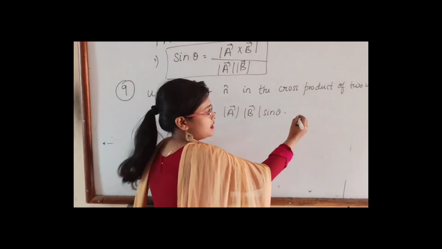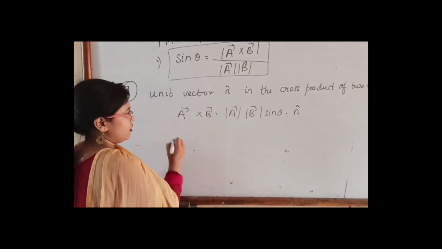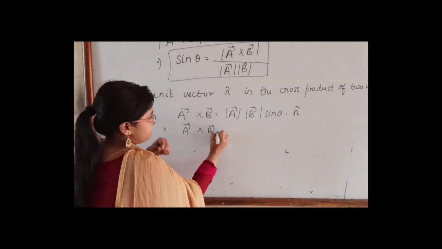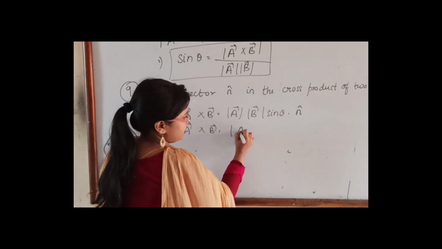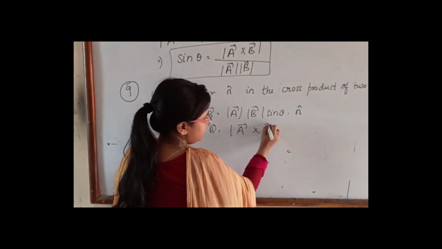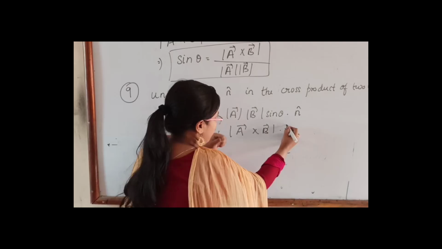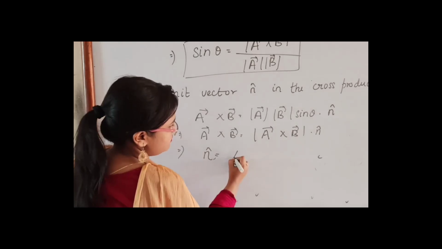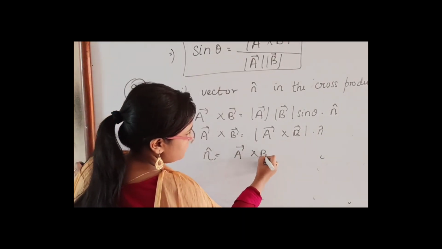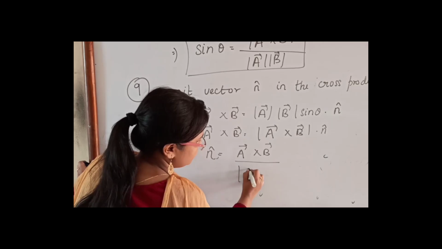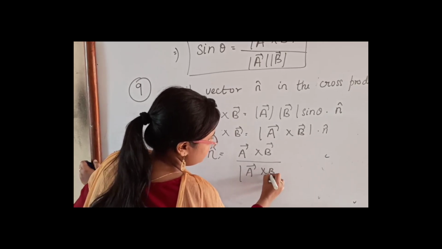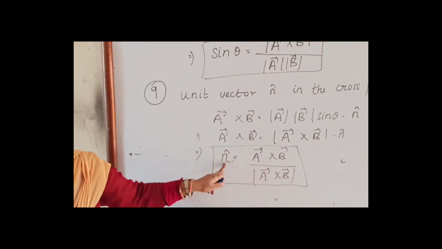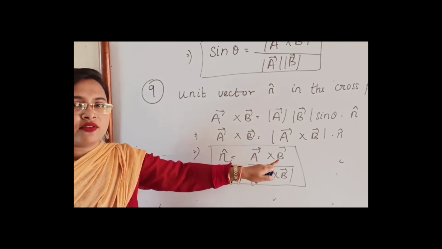This is the magnitude part, and this is the direction part. Or else I can write vector A cross vector B as the magnitude of A cross B into n cap. So now n cap equals A cross B divided by the magnitude of A cross B. This is how we find the unit vector of two vectors in cross product.